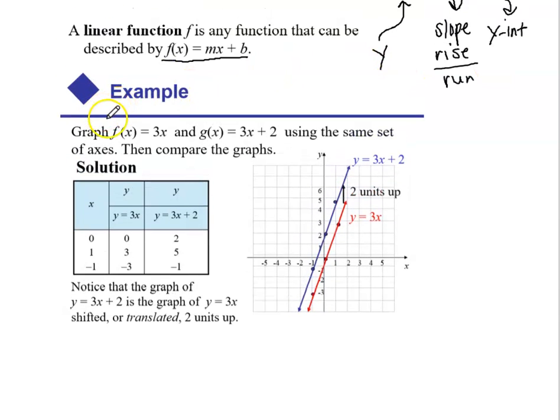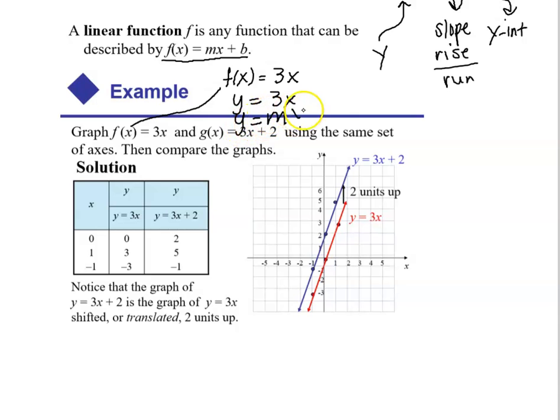So when they say graph f of x equals 3x, let's deal with that first. f of x equals 3x is the same as saying y equals 3x. If we write our y equals mx plus b, the plus b part would be our y-intercept, and there's nothing there.